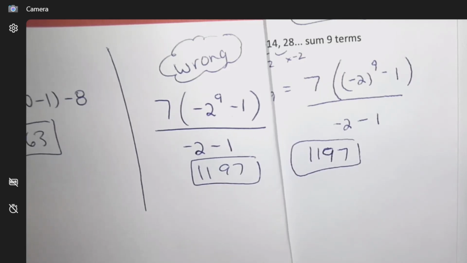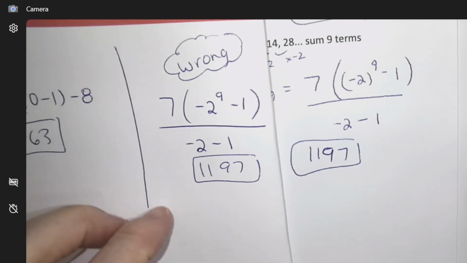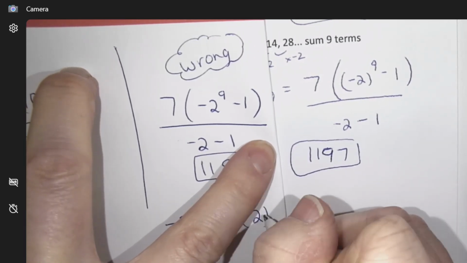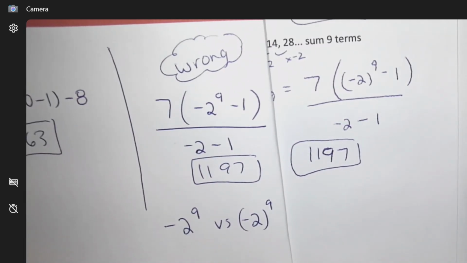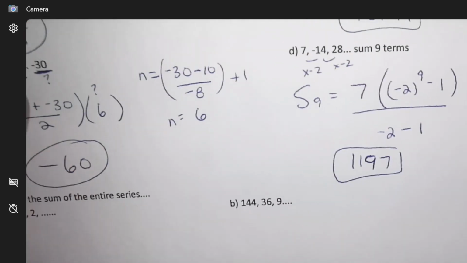No bracket around the negative 2. Negative 2 to the 9th versus negative 2 to the 9th, those mean different things in math. This one is lucky that it would come out the same number, but it's not that you're doing it right. Two wrongs make a right sometimes.